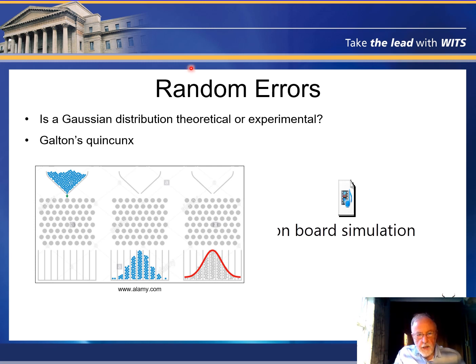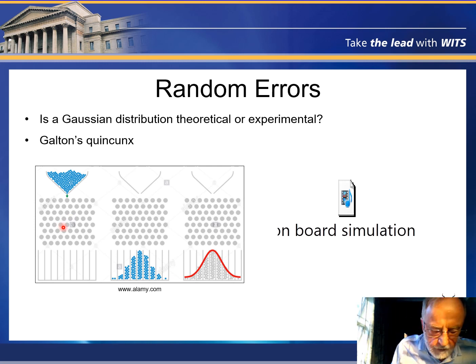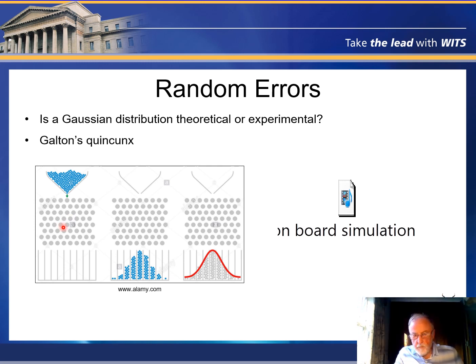It's called Galton's quincunx, and quin means 5 in Latin, and it's like a pinball board. These dots represent pins. The board's shown 3 times here. And they are arranged in 5s like the faces of a die, the 5 on dice.